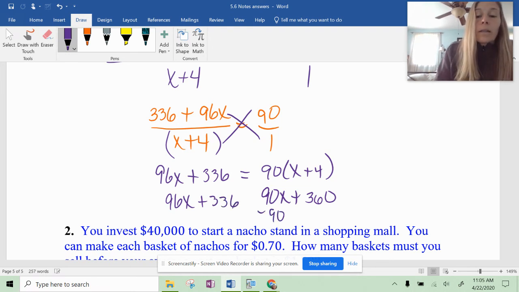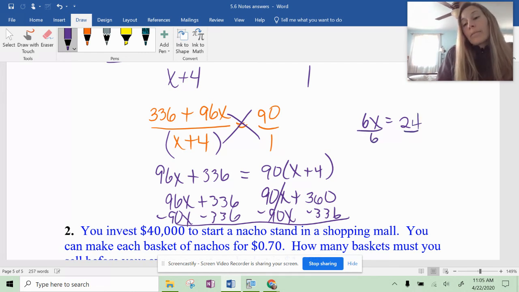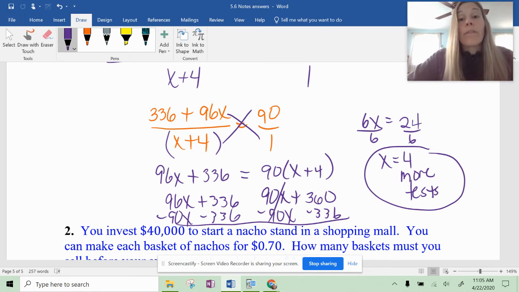So subtracting the 90x, subtracting the 336, you would end up with 6x equals 24, right? Divide by 6, x equals 4. So you would need 4 more tests at a score of 96% in order for your average to be a 90.